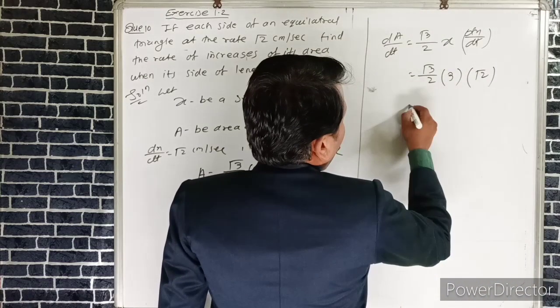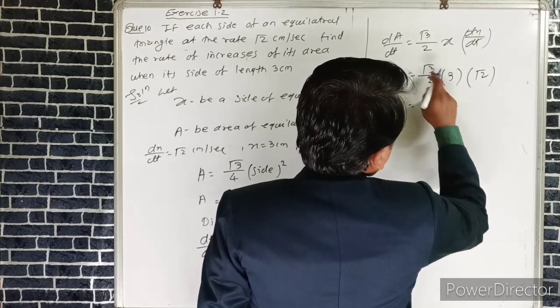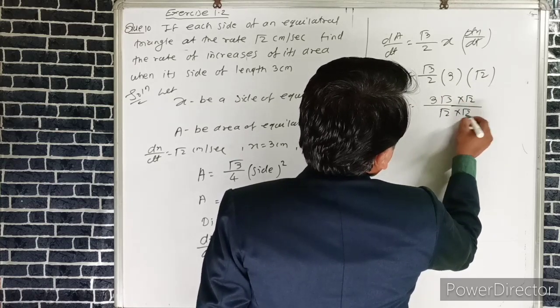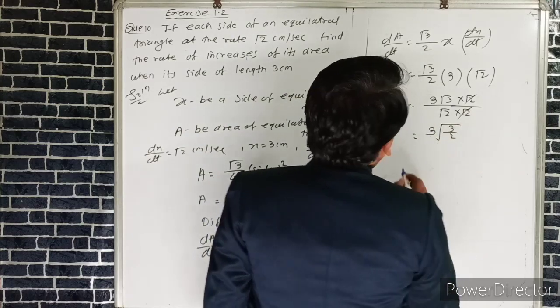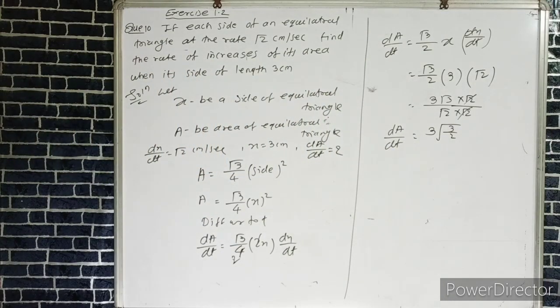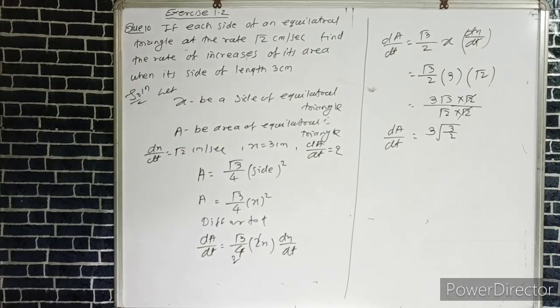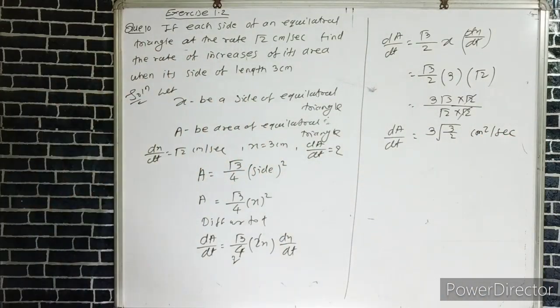Here 3 root 3 into root 2 upon 2, and 2 means root 2 into root 2. Root 2 gets cancelled, so 3 into root of 3 by 2, which is dA/dt. Or we can say that the rate of change of area with respect to time t, dA/dt, is 3 root 3 by 2 centimeter square per second, which is the required answer.